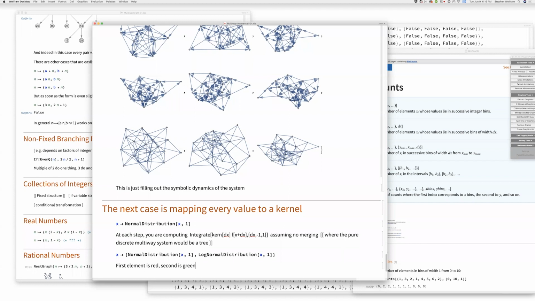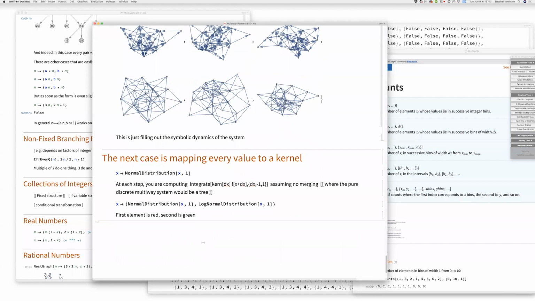Okay, so at every step, we compute this integral for each one of these, and then we look at, so let's do this for a particular case. So how do we do this? This is a convolution integral. God, I haven't used convolve in a million years.